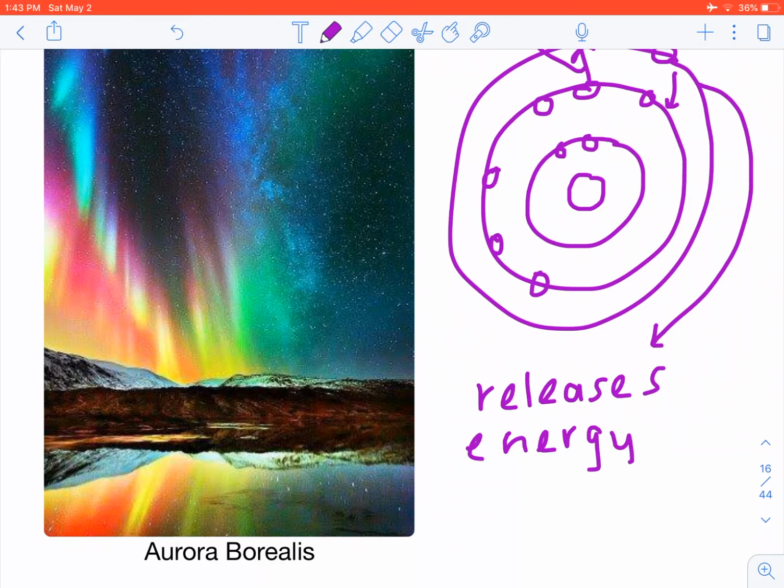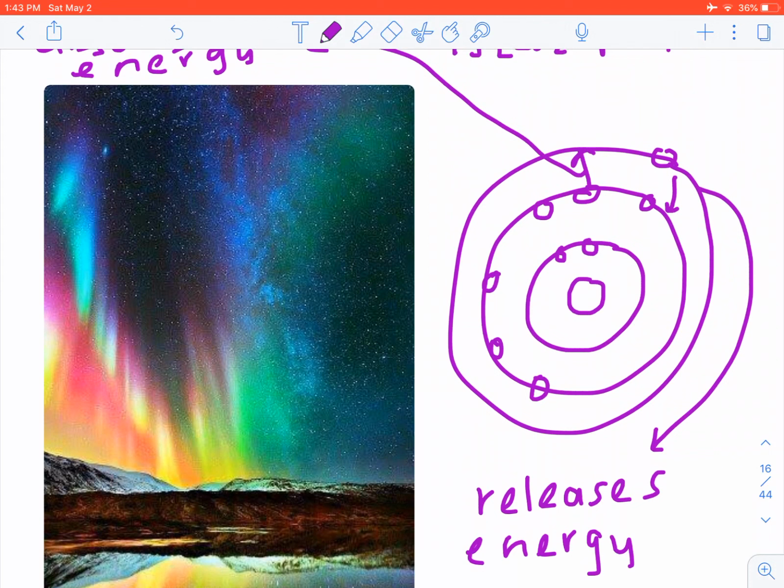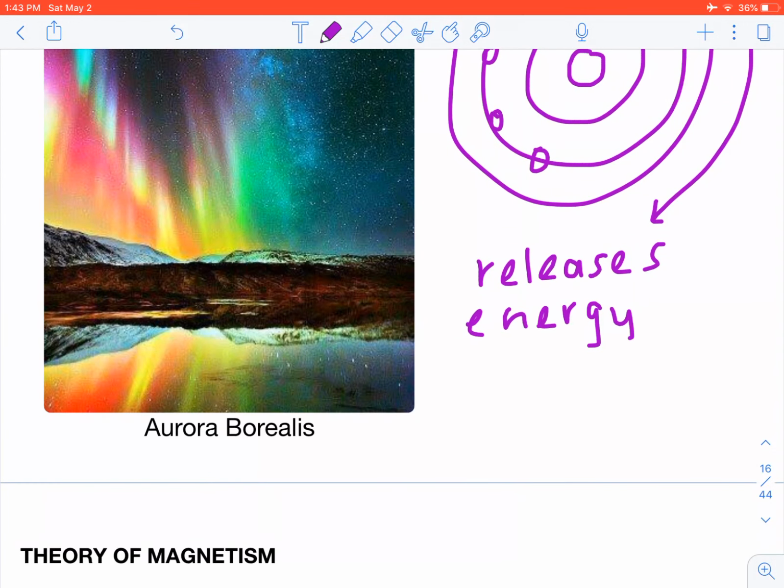So once you have the solar winds hitting these atoms, and I'm just using nitrogen as an example, the electrons in the outermost shell are excited and go into higher energy states. But then they quickly fall to a lower energy state, and when they do, they release energy. We did this: E is equal to hf.